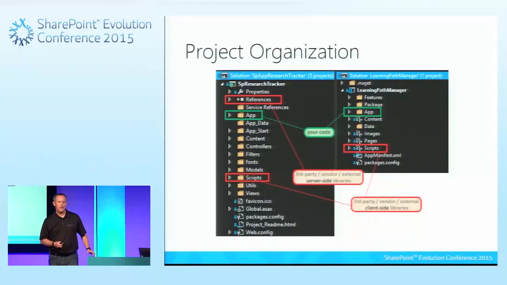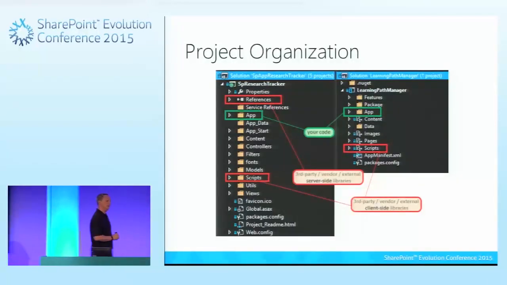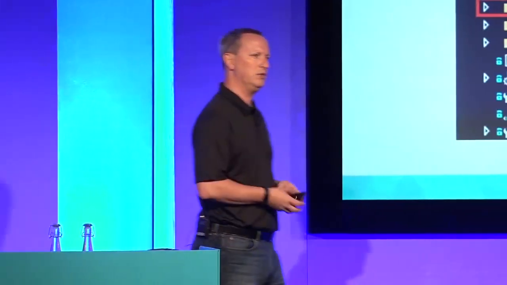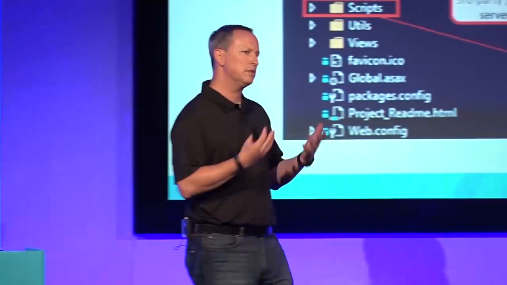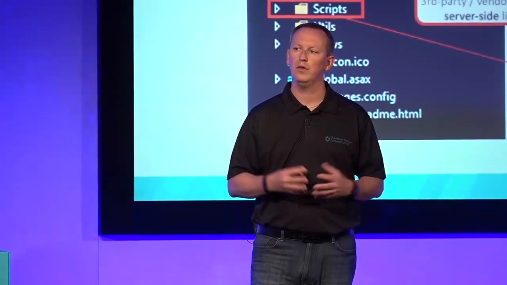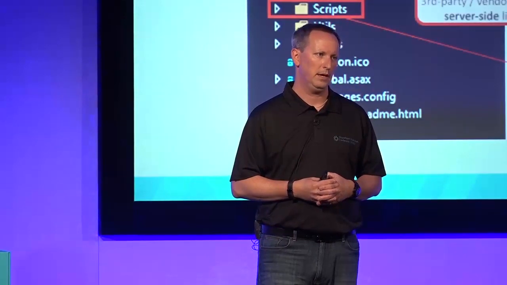But the one for client-side devs that you really want to watch is called Bower, B-O-W-E-R. Think of Bower as NuGet, but primarily for client-side scripts. You'll see a lot of places now, like when you want to get Angular, you can get it from a NuGet package, or you can get it from Bower. Most of the time, it makes more sense to use Bower. Why? Because you can choose where all the stuff gets deployed, okay?